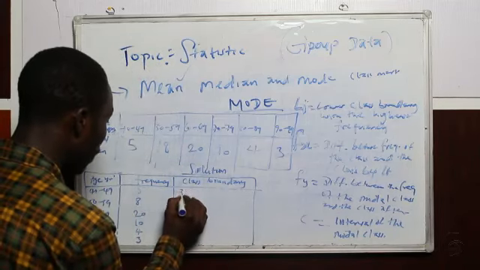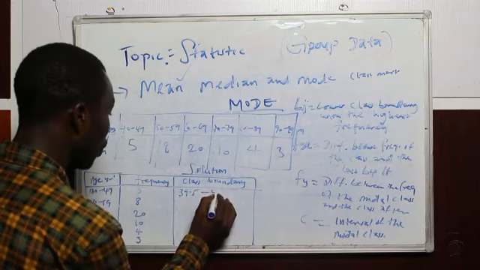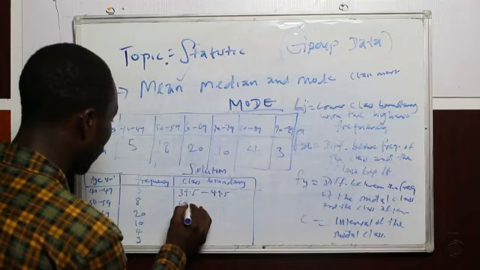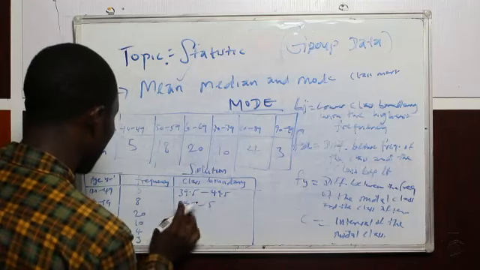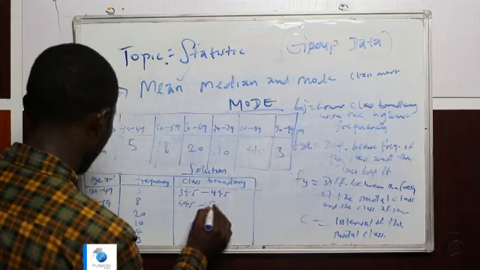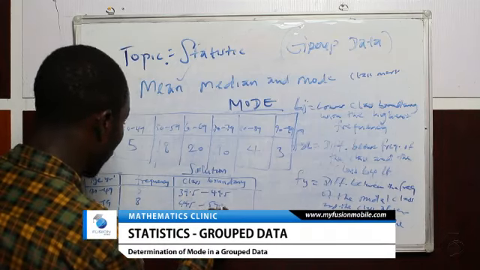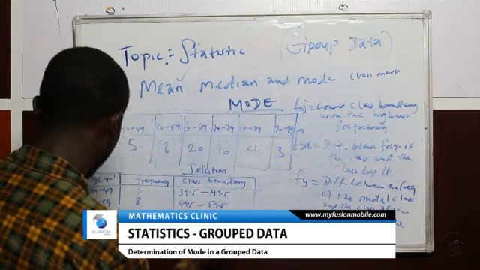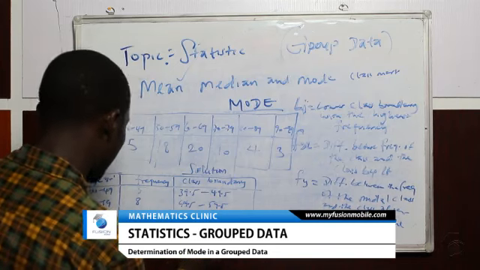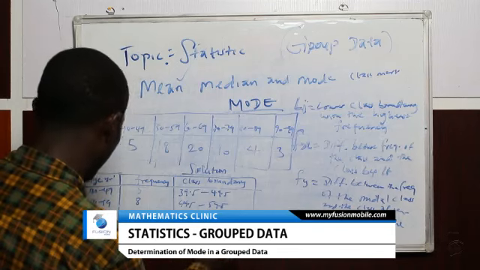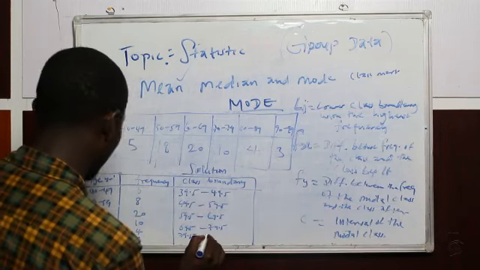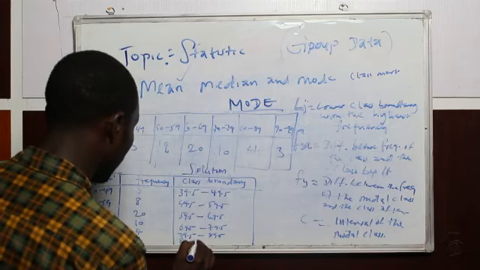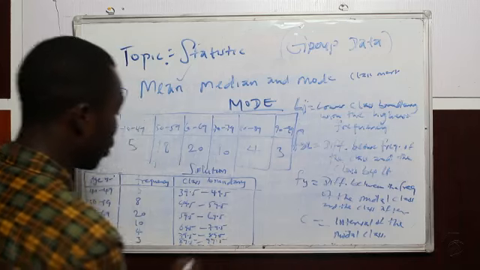Therefore, we have 39.5 to 49.5, 49.5 to 59.5, 59.5 to 69.5, 69.5 to 79.5, 79.5 to 89.5, then 89.5 to 99.5.